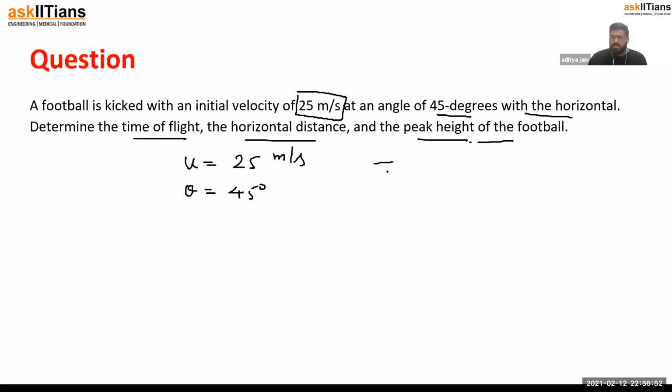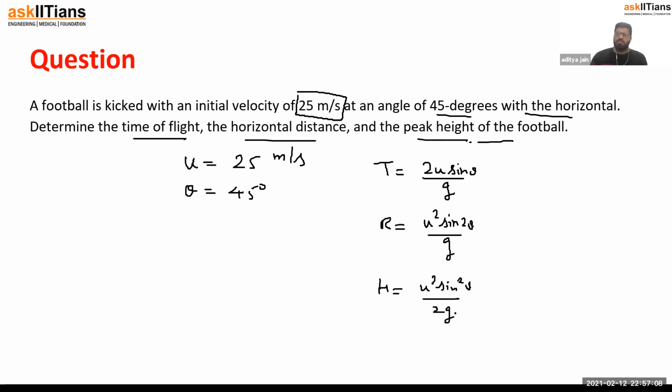And we know all these formulas already. What is time of flight? It is 2u sine theta over g. What is horizontal range? It is u square sine 2 theta by g. And what is maximum height? It is u square sine square theta over 2g. So all the formulas are available. You know g, you know u, you know theta. So can't you calculate these?